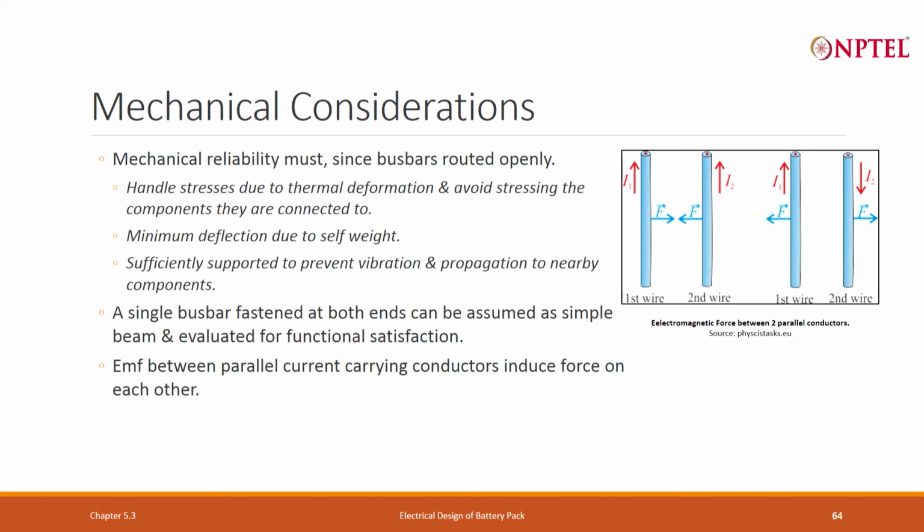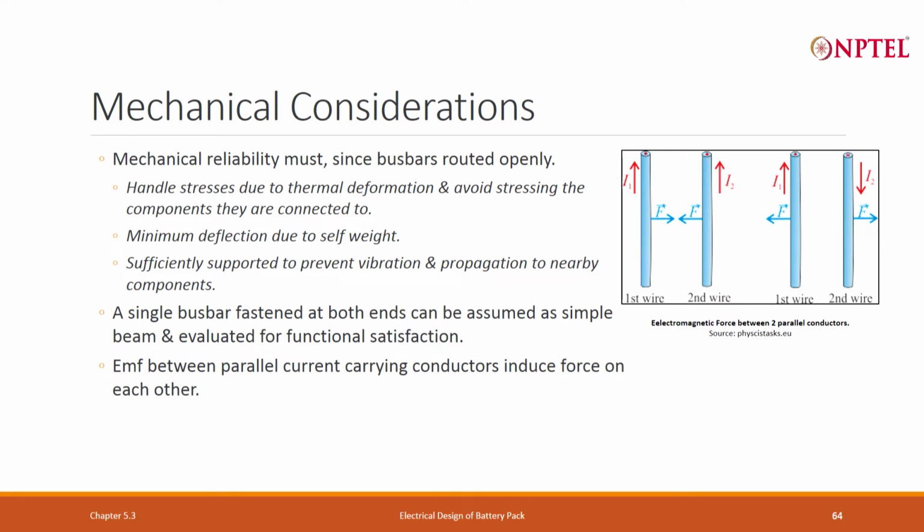It should have minimum deflection because of its self weight. Generally self weights are very low unless you are using very thick cables or thick bus bars. It should be sufficiently protected from vibration by providing proper anchoring points or proper supports.